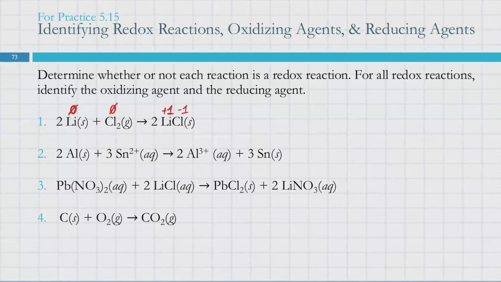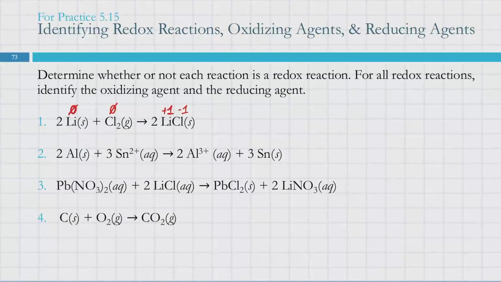Which of these two was oxidized? Was it lithium or was it chlorine? Alternatively, which of these two was reduced? Chlorine.